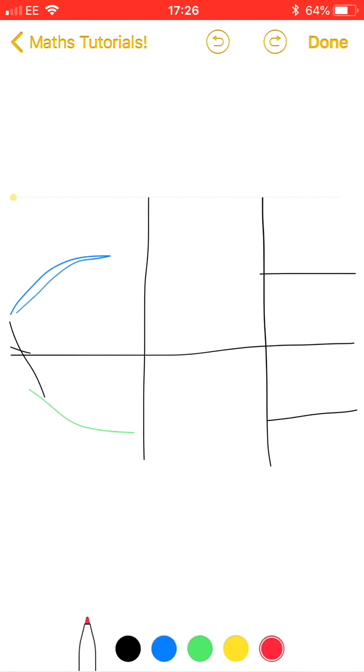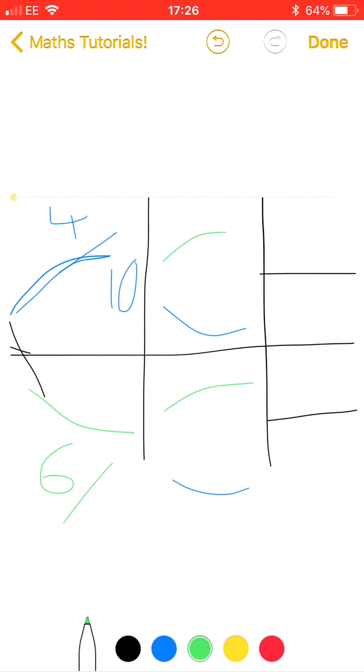Next, let's work from the top. For our next go, we could have a green beanbag or a blue beanbag. That's the same for down here. Also, I'm just going to write the fractions down, so it'll be easier. There's 4 blue beanbags out of a possible 10, and there's 6 green beanbags out of 10. And that's the same for here.